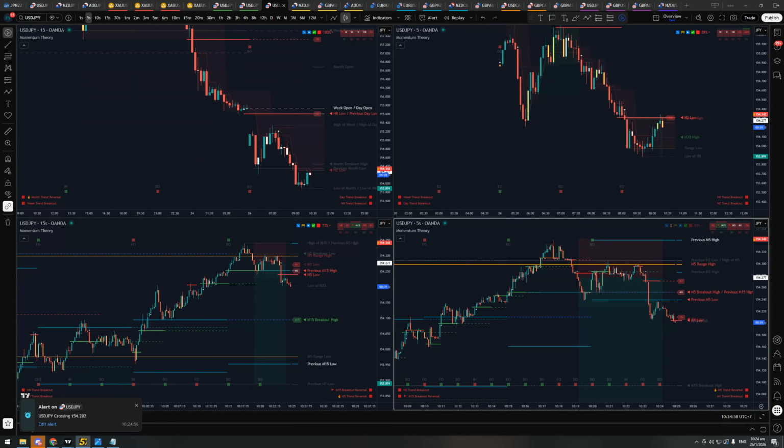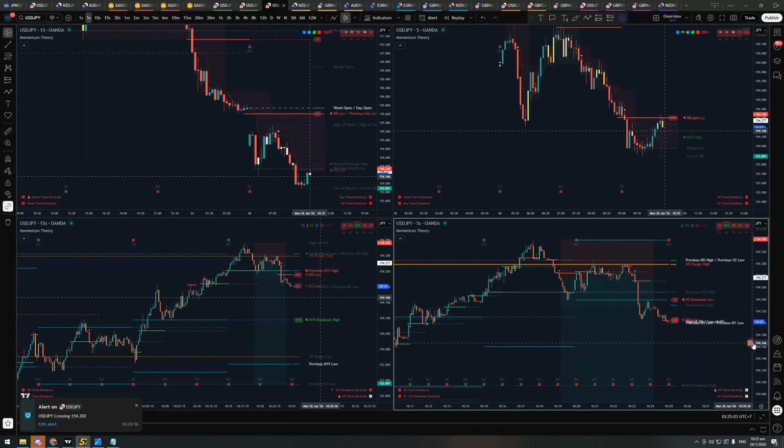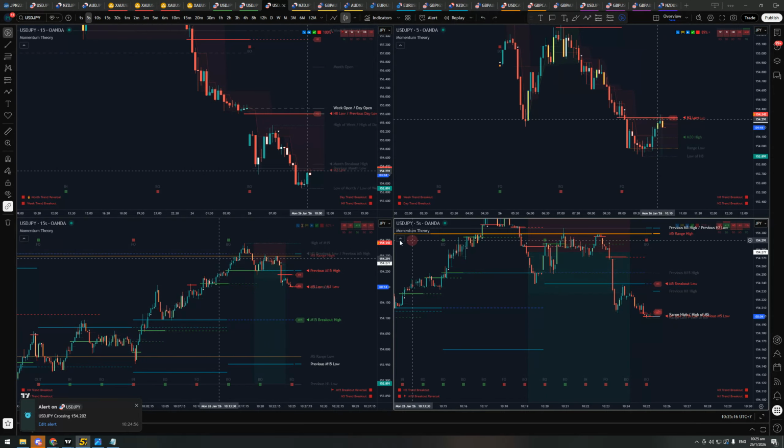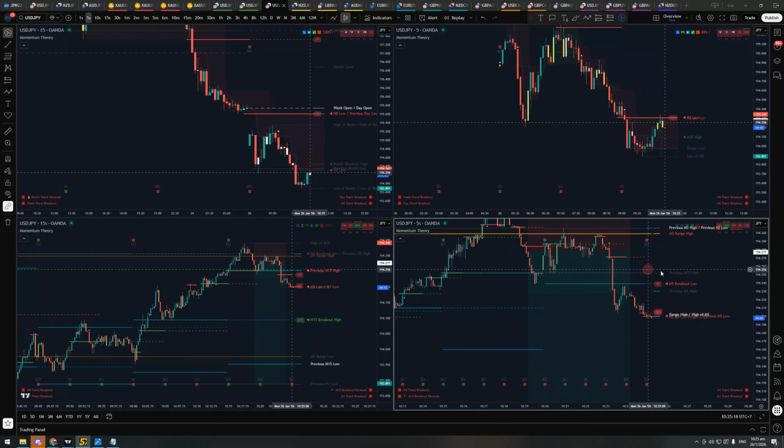All right, we're getting a closure below. I'm looking at the 5 seconds. I just want to see closure and continuation. So let me say that again. When you're trading at these low time frames, you want your position size to be small.